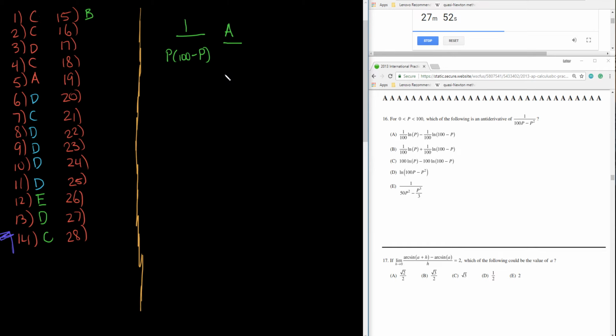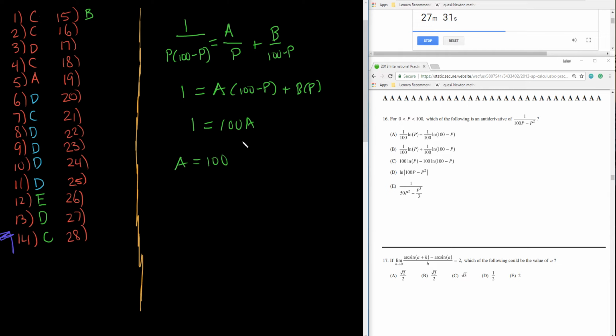So equals A divided by P plus B divided by 100 minus P. So then we multiply by this and we get that 1 equals A times 100 minus P plus BP. So P equals 0. We get that 1 equals 100A, so A equals 1/100th.